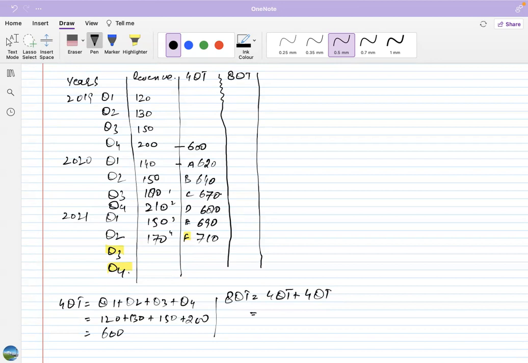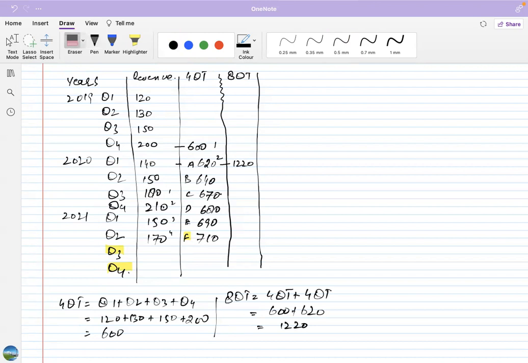It means 600 plus 620, that is 1220. That 1220 will be written in front of the 620 to show that this 1220 is the sum of these two values. I mean, the 620 is the second and the 600 is the first value.